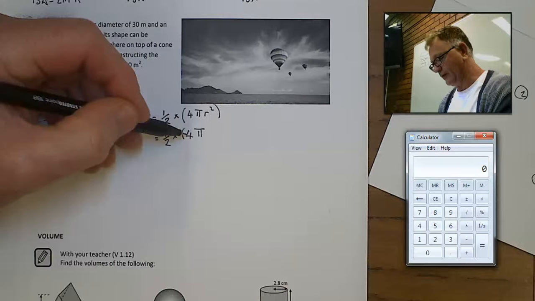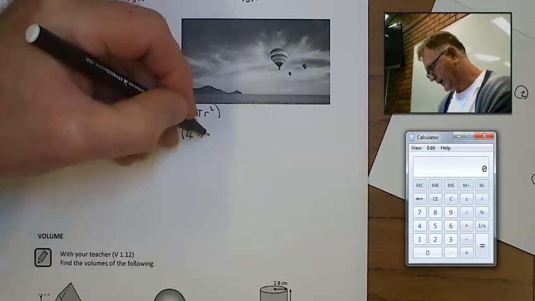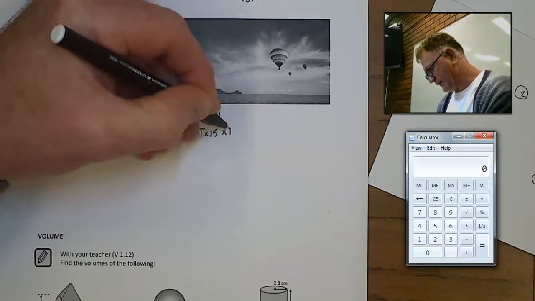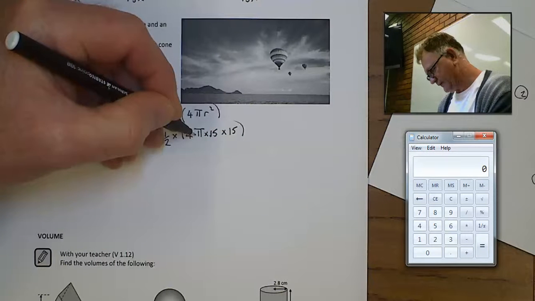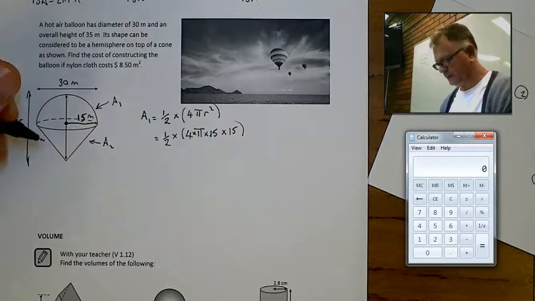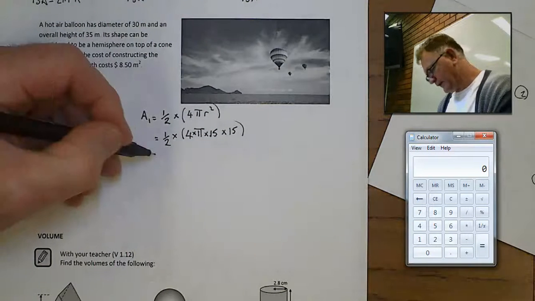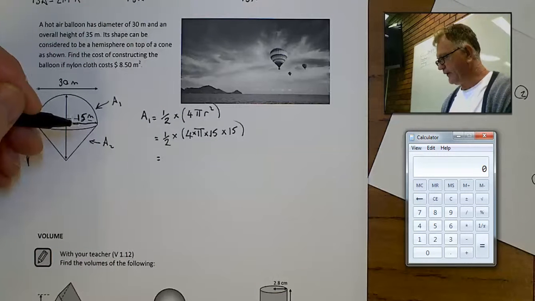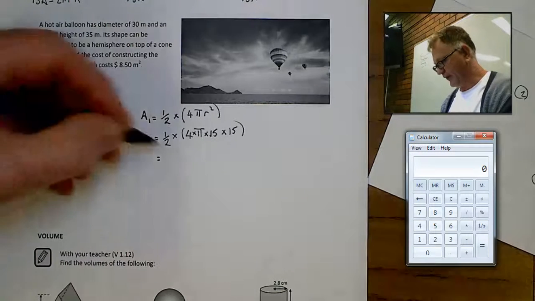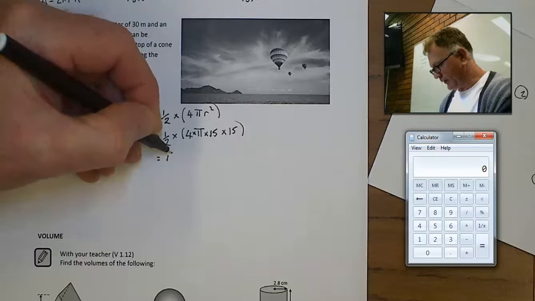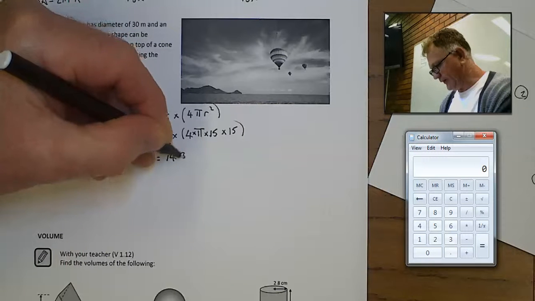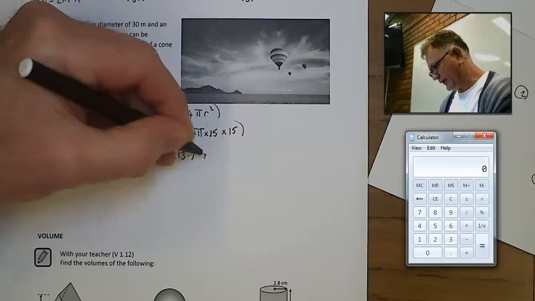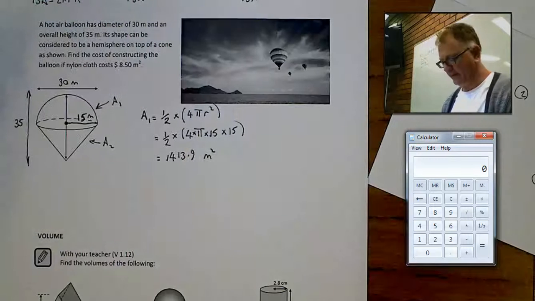So it's half times 4 pi times 15 times 15. Now I've actually done this beforehand, so I know that if you do all the computations, it works out to be 1413.9 metres squared for an area.